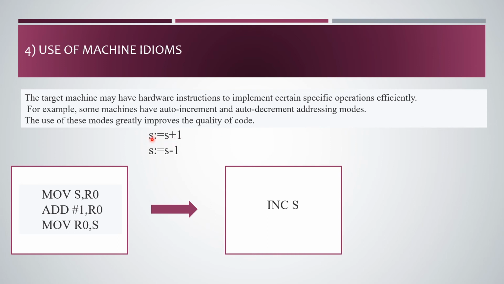The generated code for this expression is: I'm going to load the value of s to register R0. In the next statement I'm going to add a value of 1 to register R0. Now the result is in R0. Again I'm going to store the value from R0 to S. So these three instructions are for the expression S is equal to S plus 1.